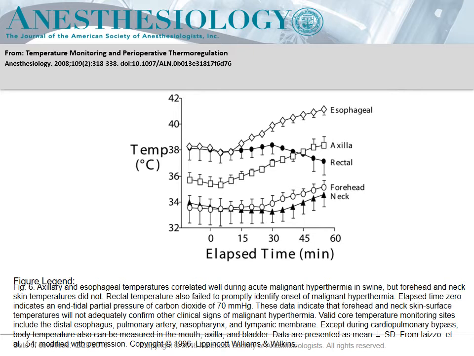Well, with bladder temp, would that be somewhere along the same lines, like possibly rectal? I don't think they studied bladder, so I can't tell you for sure. But I would think it would be somewhere in between, but I don't know for sure. This is on the same patient? Oh, it's swine.